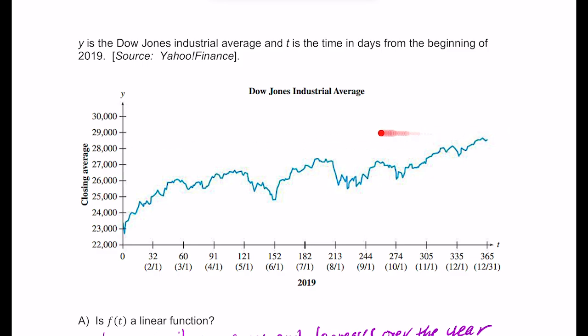Now, it's really hard to tell exactly what it would be, but you can make some rough estimations. So it looks like the lowest is maybe 22,700. And then the highest, if I go here, which is where the peak is, that looks like it's about 28,600. You might have to take a ruler to go straight across to see. It's kind of hard to tell, but I did check it.